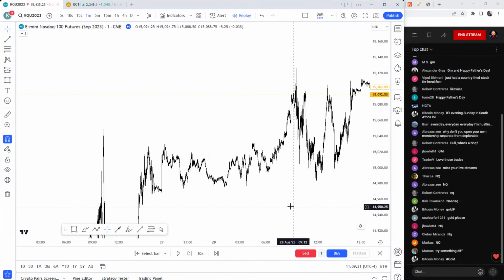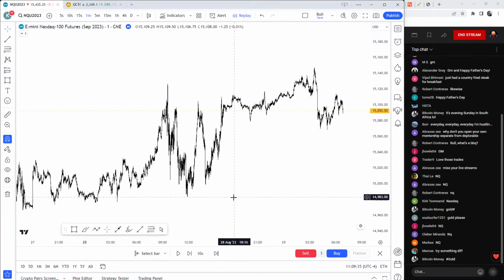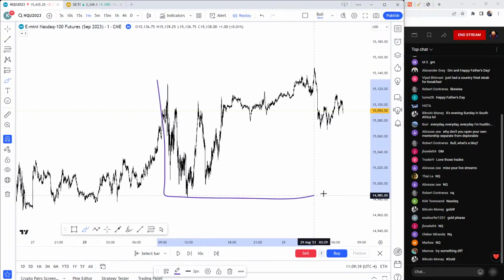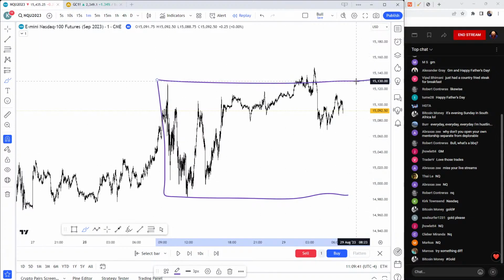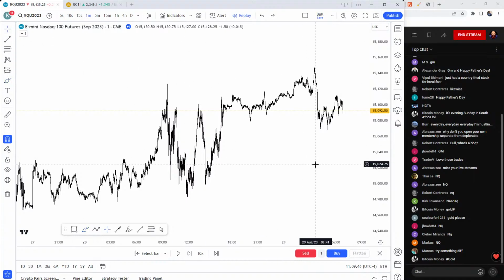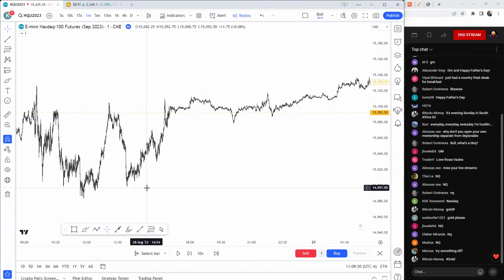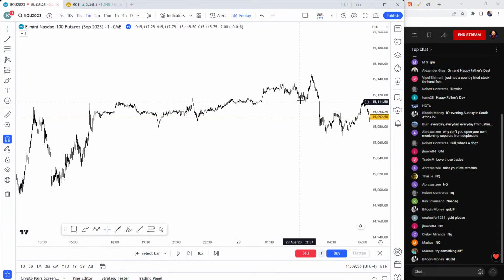Let's give ourselves a bit of a picture, and we'll use the left of the chart and the right of the chart. So what are we looking at here? We've got a pretty big range. Looks like we've just broken out of it on our higher time frame. Cool. What have we got below us? We've got this higher time frame area responsible for taking us up into here. It looks like we've started a bit of a downtrend into it.